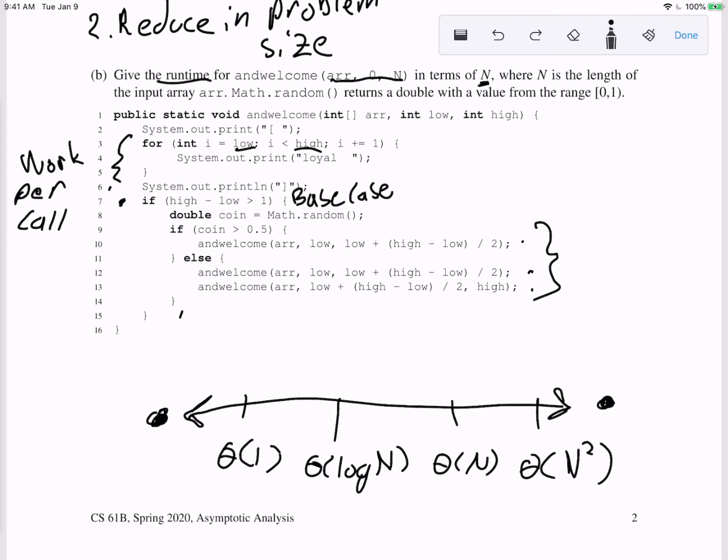Okay, and so what we can say is our function is going to be in some kind of interval. Maybe you figure out bounds on your function. So you say, okay, it's not always going to run in a specific runtime, but it's definitely going to be in this range. So maybe, for example, log n to n.